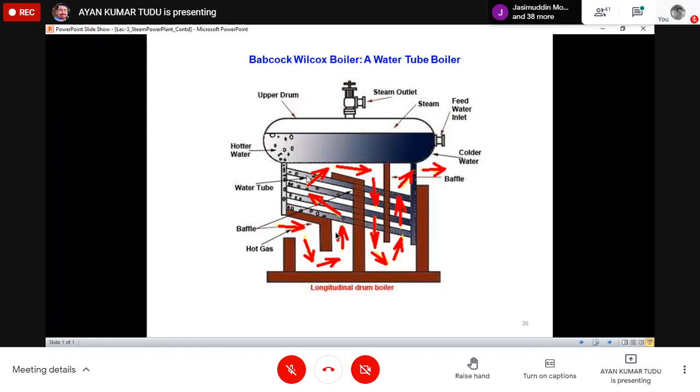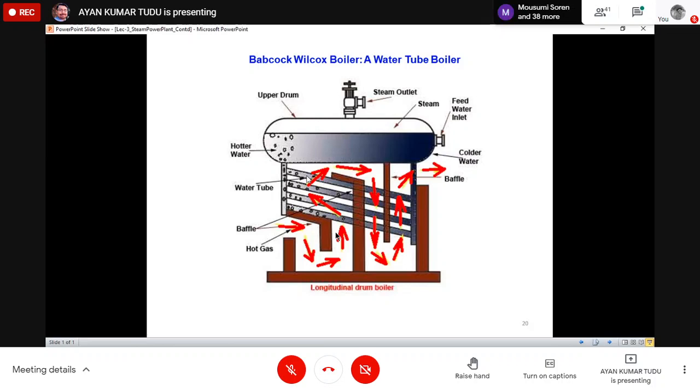Scales will cause overheating, which may cause bursting of the tubes. So the water entering the water tube should be pure feed water.